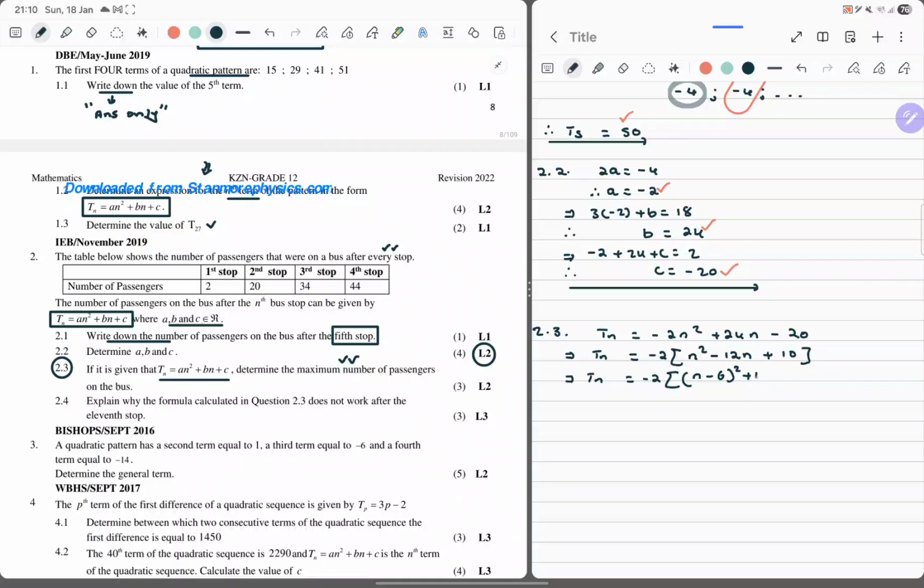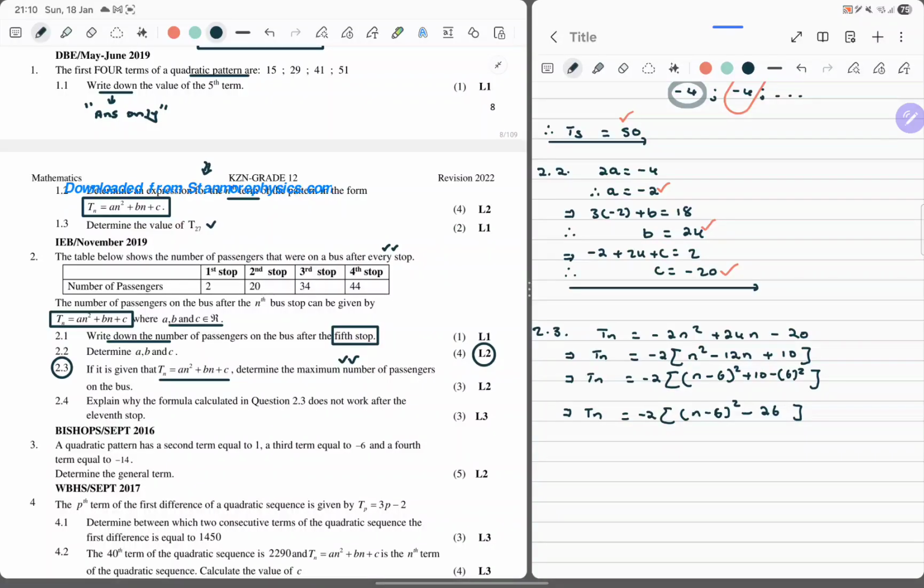Then we square this, we add 10, and we subtract that half squared. Then we move on, T sub n equals minus 2 into n minus 6 all squared minus, so this is 36, so 10 minus 36 is minus 26.